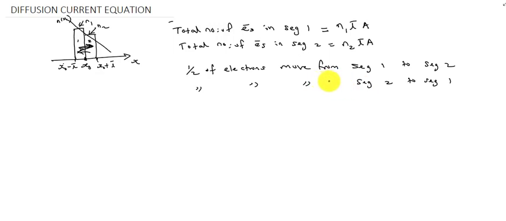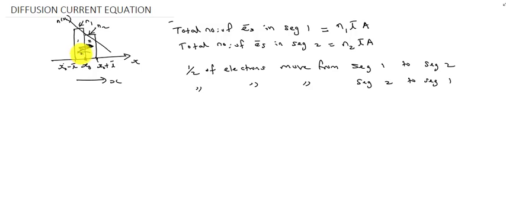There is equal probability of movement of electrons from segment 1 to 2 and from segment 2 to 1. So if we see the net flow of electrons crossing x0 in the positive x direction, that is from segment 1 to 2, half of the electrons are moving. The other half is from 2 to 1.